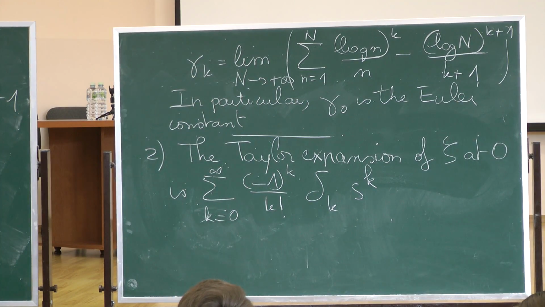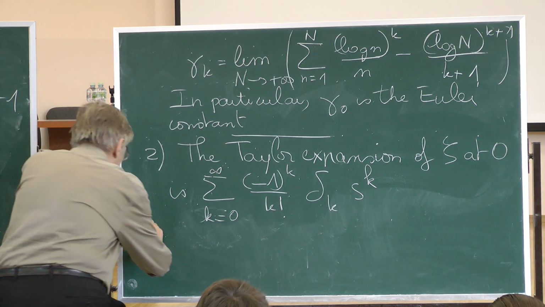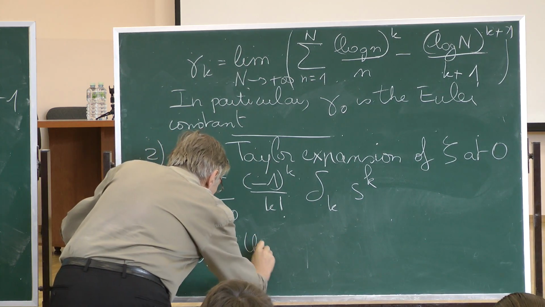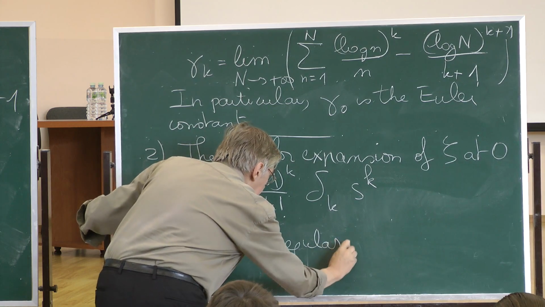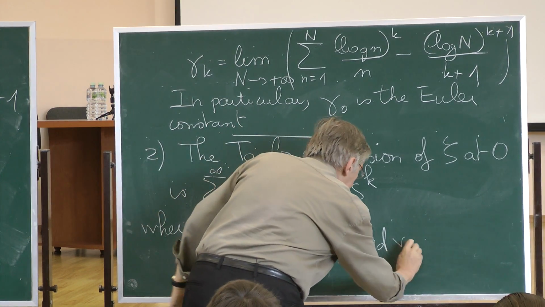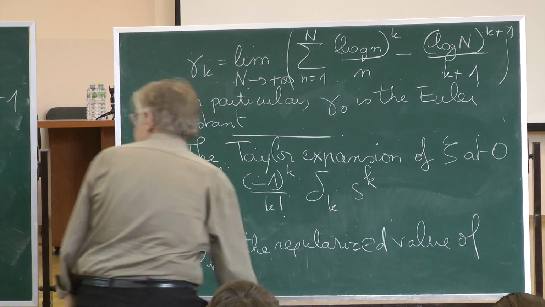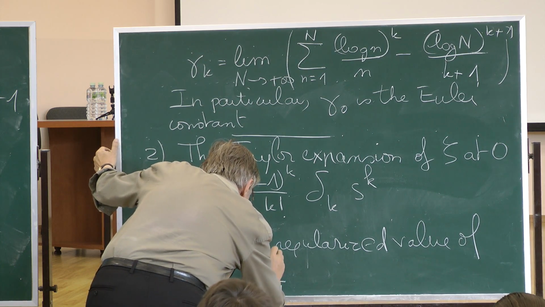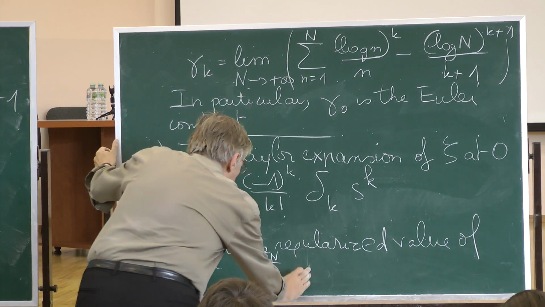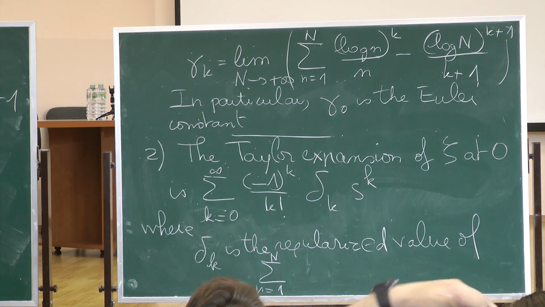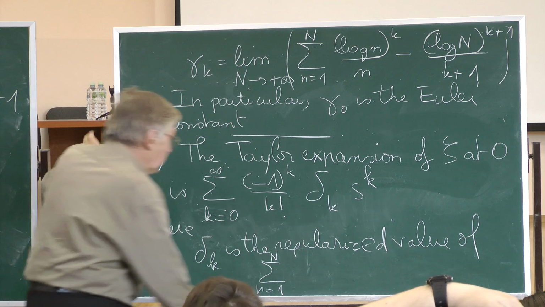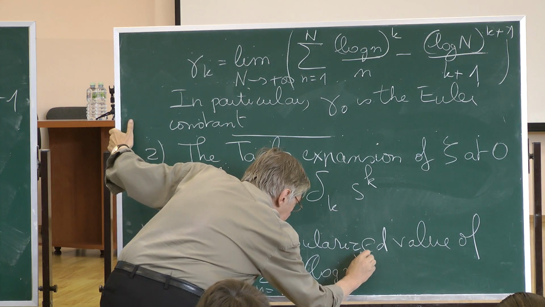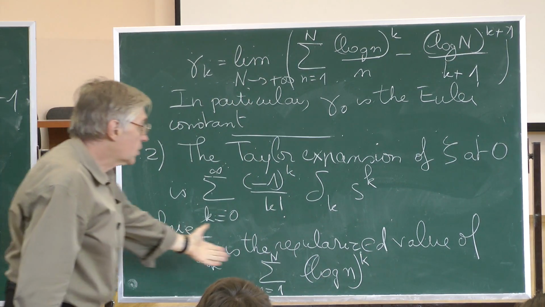This will be the Taylor expansion, where delta k is the regularized value of the sum for n going from 1 to capital N. You just take formally the k-th derivative of the Riemann zeta function at 0. So when you take it formally, you get log n to the power k multiplied by n to the power 0. So it is just the sum.